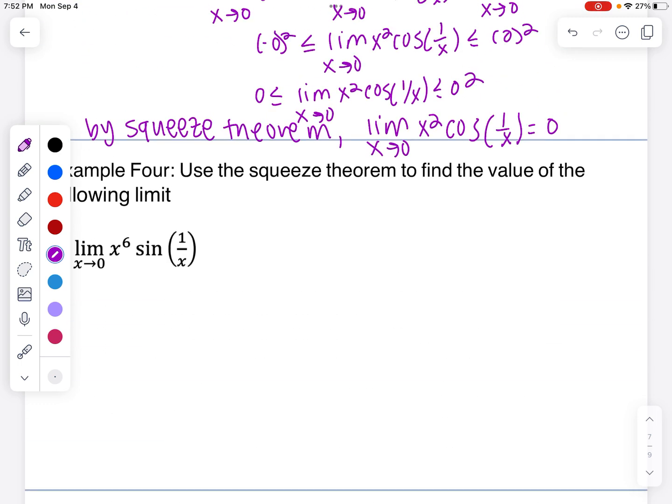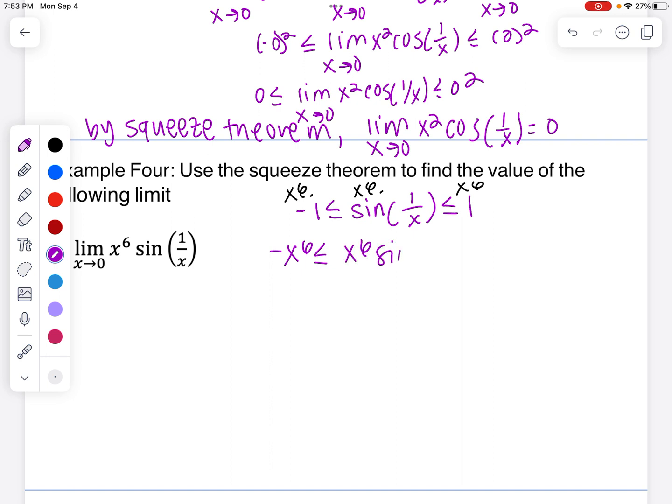It's the same idea: sine of 1 over x is bounded between y equals -1 and y equals 1. If I multiply everything by x to the 6th power, you get negative x to the 6th power, which is less than or equal to x to the 6th power times sine of 1 over x, which is less than or equal to x to the 6th power. Oh, sorry, I have to find the limit.